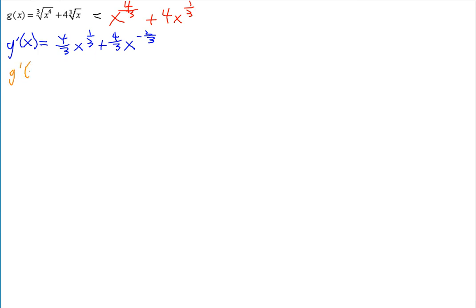let's try factoring. So let's look for the GCF here. The GCF of our two terms, notice they both have a 4/3, so we can take that out. And we can take out x to the lower exponent, negative 2/3.